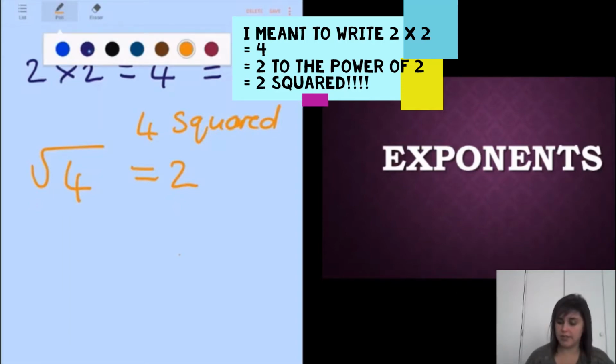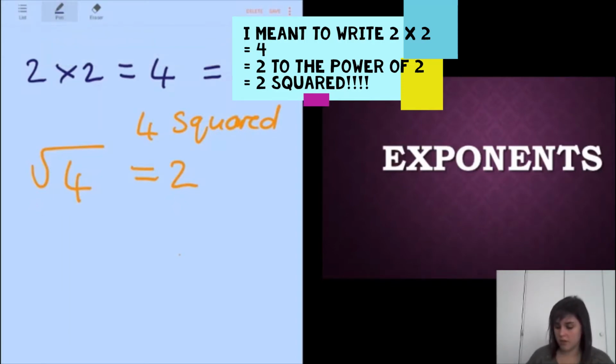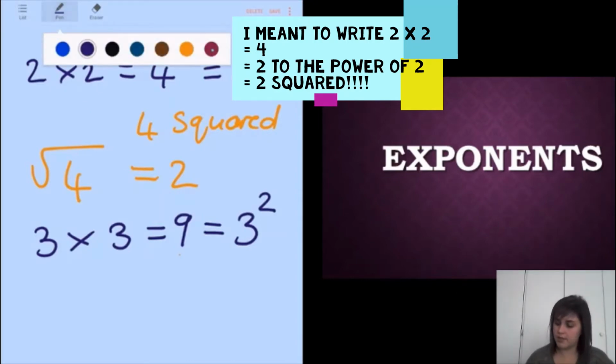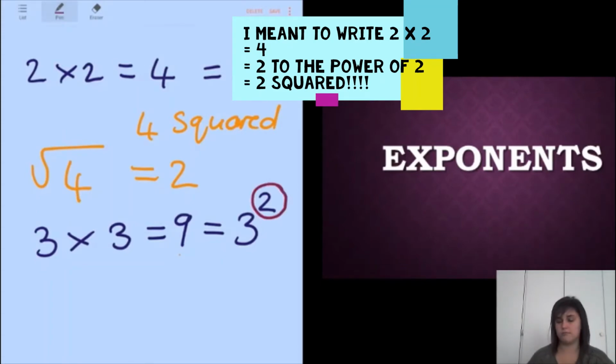Let's go have a look at another one. 3 times 3 is equal to 9. Another way of writing it using exponents will be to say 3 to the power of 2 is the same as 9. Once again, we're looking at that 2, this time meaning 3 squared.